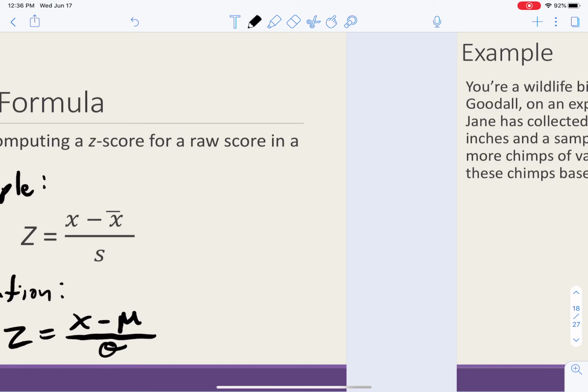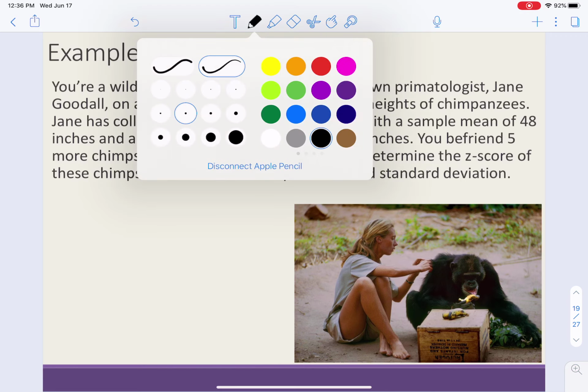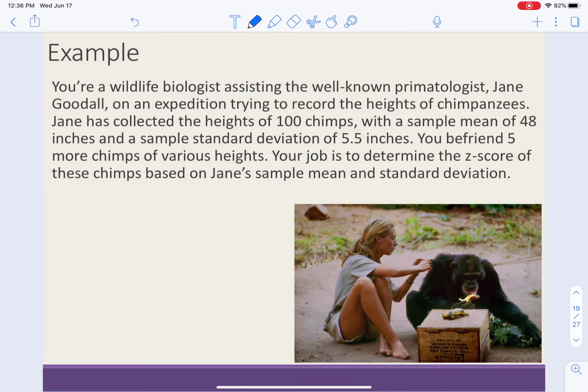If you're not, then I recommend you do, because we've got a lot of stuff that we've done so far. But let me give you another example here, because that SAT or ACT example was fine, but we can be a little bit more specific with it. So here's an example. You're a wildlife biologist assisting Jane Goodall, and you are on an expedition recording the heights of chimpanzees.